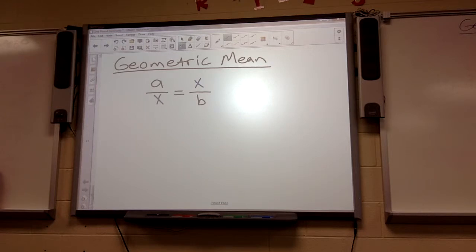So am I plugging things in for x or a and b? A and b. A and b are not variables that we ever leave in our equations, so we're plugging in for a and b.